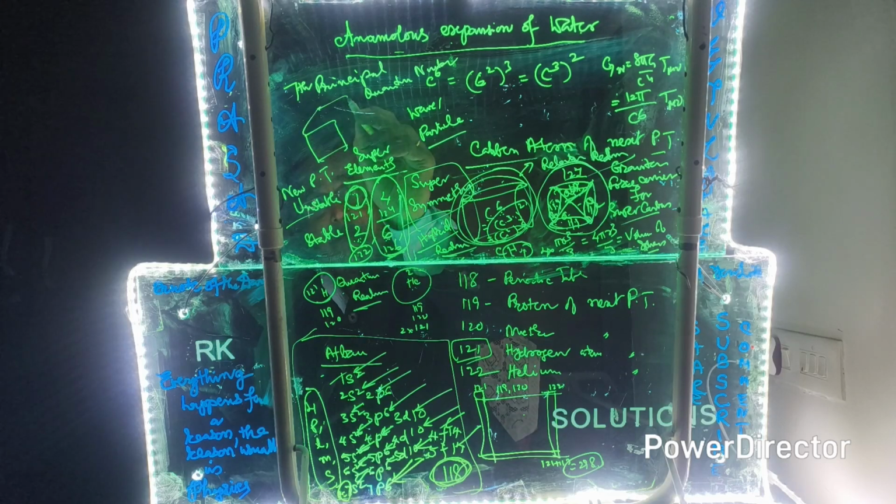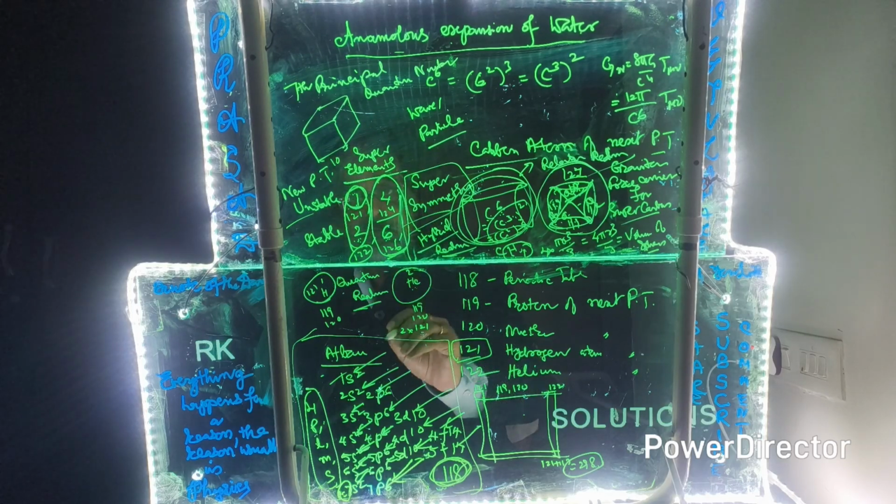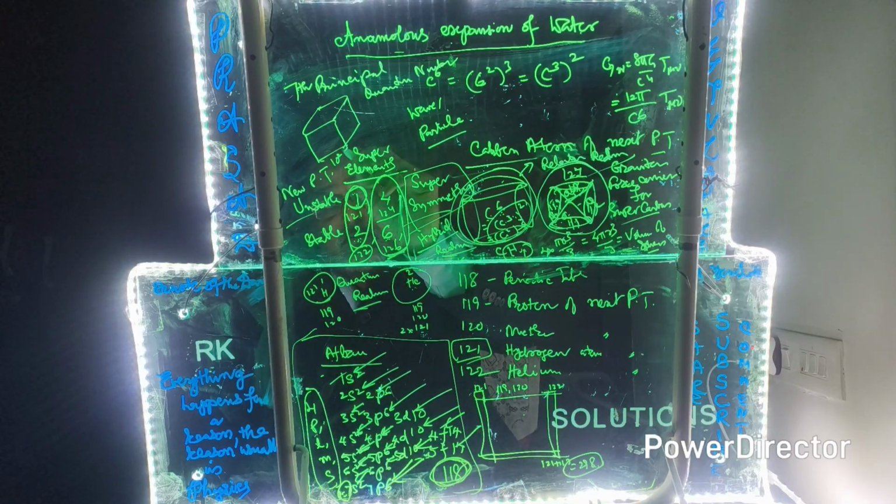If you take 10 squared, 10 raised to 4, 10 raised to 6, 10 raised to 8, not just that, you can as well say 10 cubed, 10 raised to 6, 10 raised to 9, 10 raised to 12, let's say.